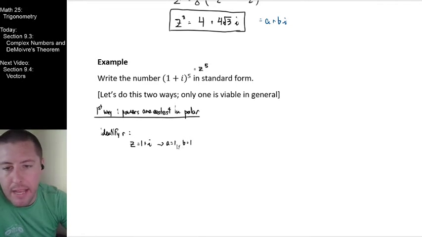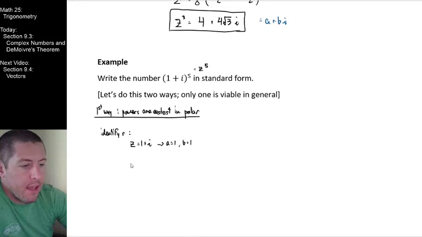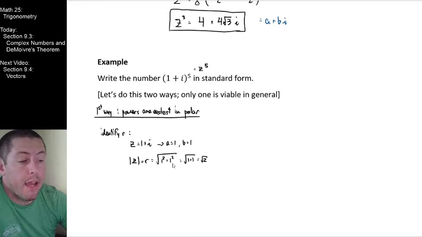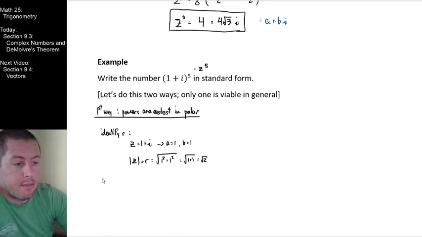I have 1I, so that's why B is going to be 1 right there. Therefore, the magnitude of z, or what we might call r, is going to be the square root of 1 squared plus 1 squared. Well, 1 squared for each of those is just 1. So the square root of 1 plus 1, that's just going to be the square root of 2. So I know what my magnitude is.